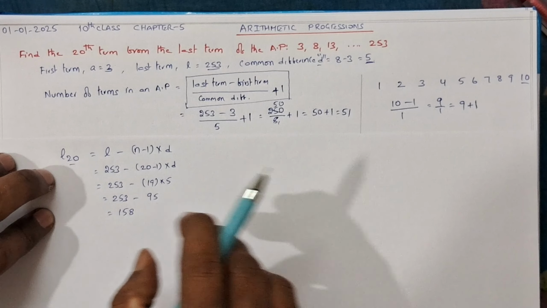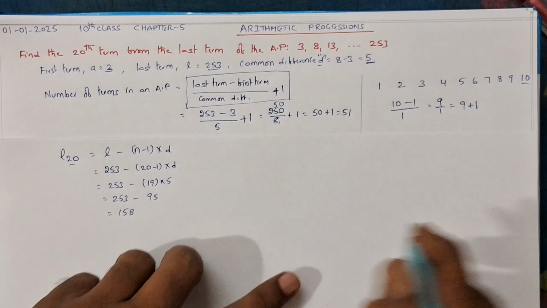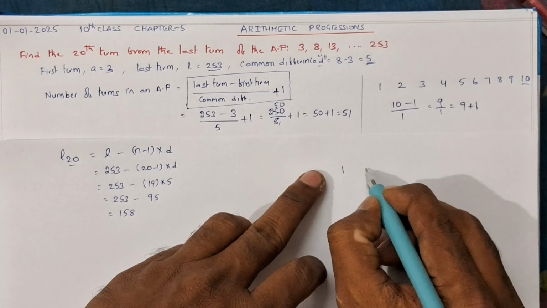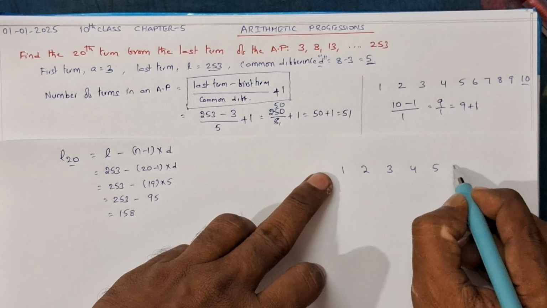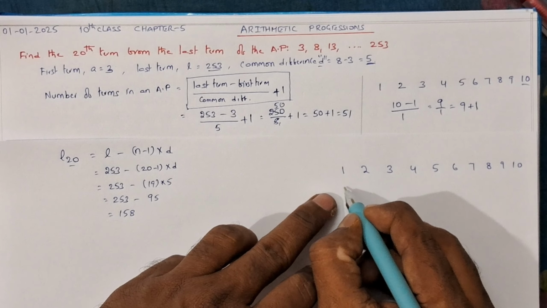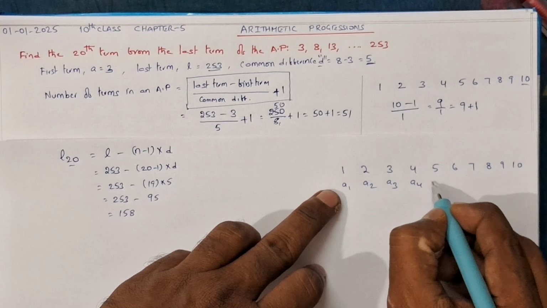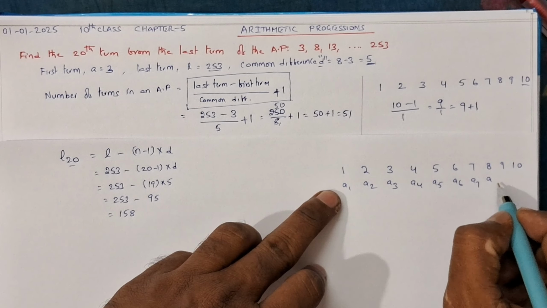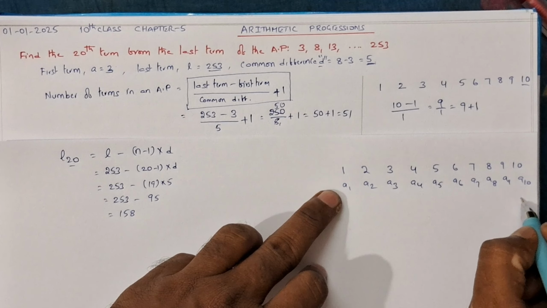Similarly, how to find from the first. We'll see the same example. 1, 2, 3, 4, 5, 6, 7, 8, 9, 10. A1, A2, A3, A4, A5, A6, A7, A8, A9, A10.